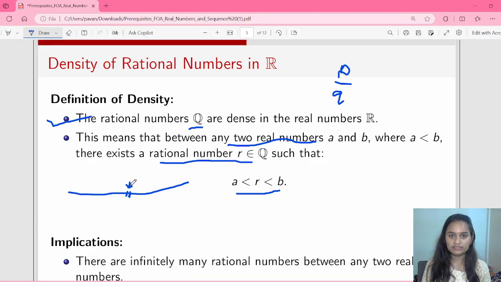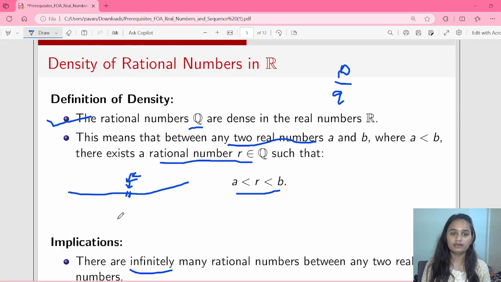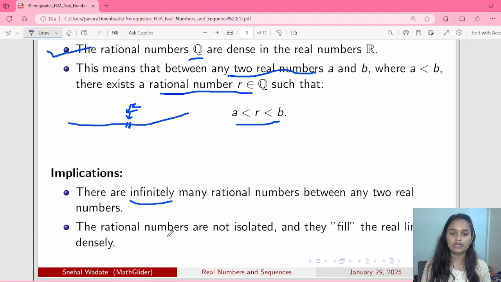And when we say there exists one rational number, we can always say there exists another one, there exists another one. So we can say there exist countably infinite rational numbers also. So there are infinitely many rational numbers between any two real numbers. This we can prove by density of rational numbers.